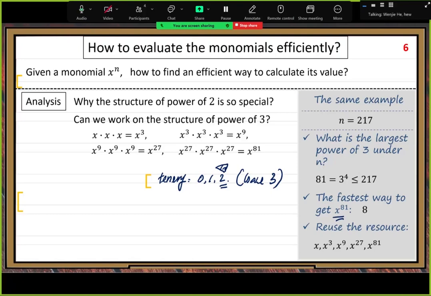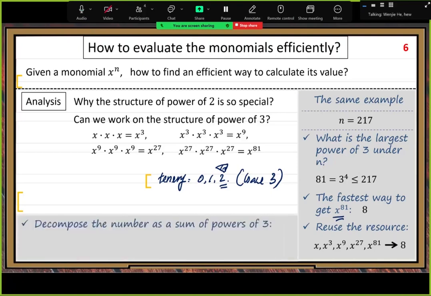So each monomial you can use up to 2 times, not 1 time. Our power of 2 monomials were each used up to 1 time. So here, up to 2 times. All right. So let's do the decomposition.